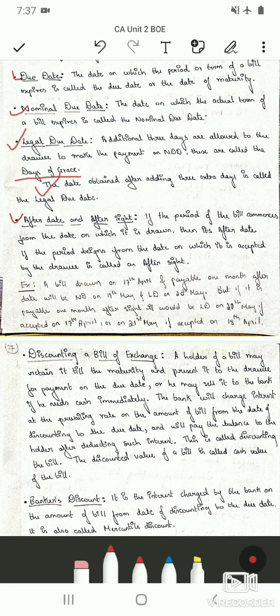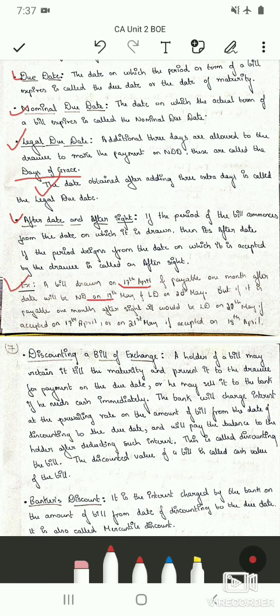So there is an example: a bill drawn on 17th April and payable 1 month after date will be nominally due on 17th May and legally due on 20th May. That is, on April 17th they are drawing a bill. So what is the period of the bill? 1 month later. So what will be the nominal due date?